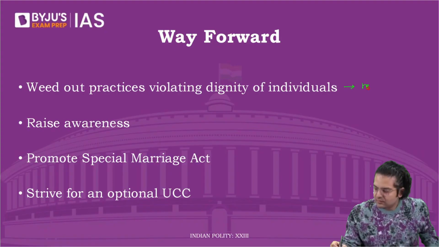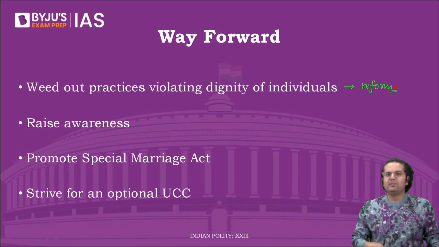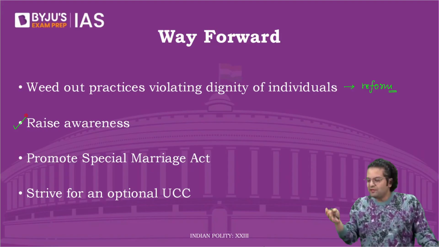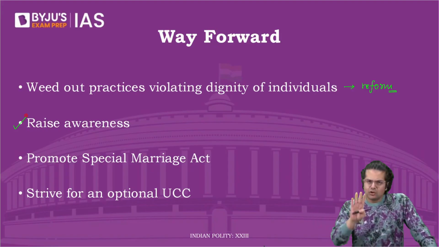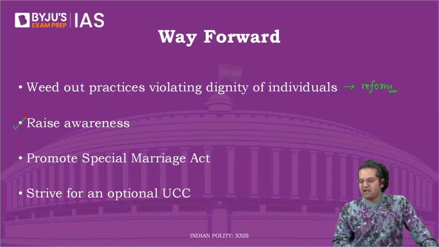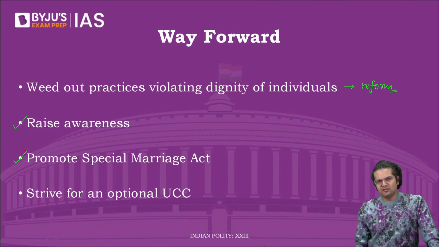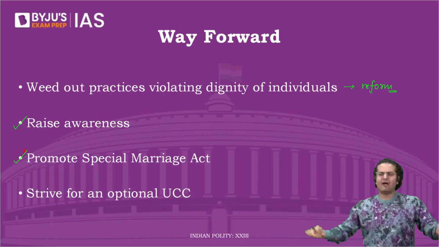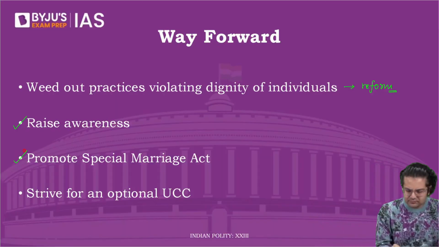And see, raise awareness amongst people the importance of a religion neutral law. And don't we already have a religion neutral law in the country, Special Marriage Act? Tell me one point where you have seen a minister promoting that we have a Special Marriage Act. Why don't we promote this?